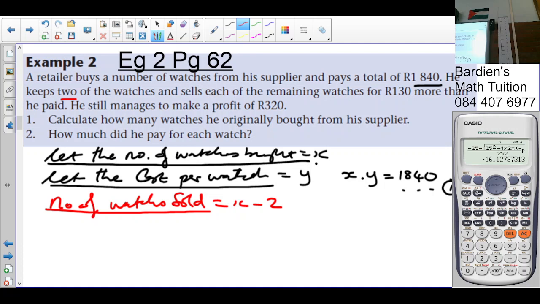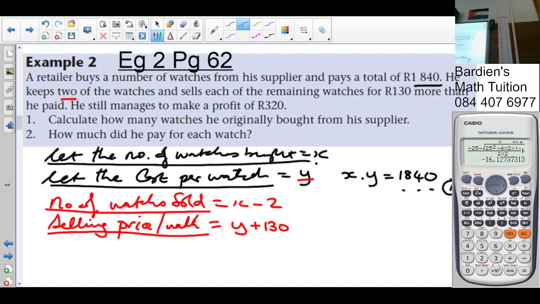He sells each of the remaining watches for 130 Rand more than he paid per watch. So the selling price per watch is equal to what? The cost price per watch is Y, but he sells it for 130 Rand more, so it's going to be Y plus 130. Can you see that?